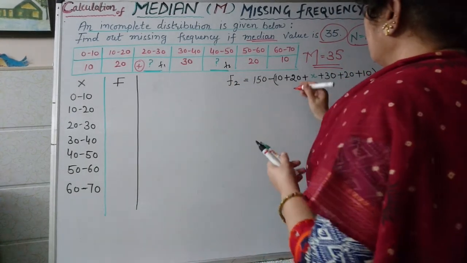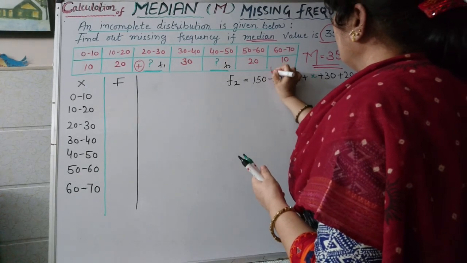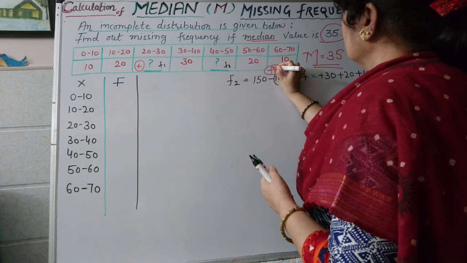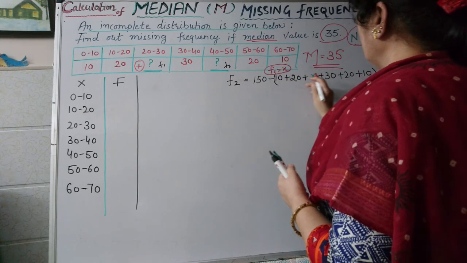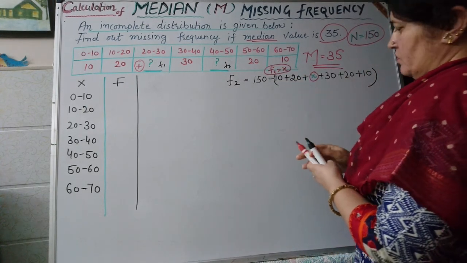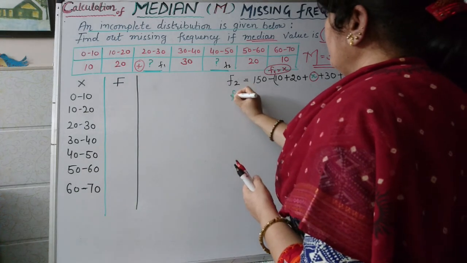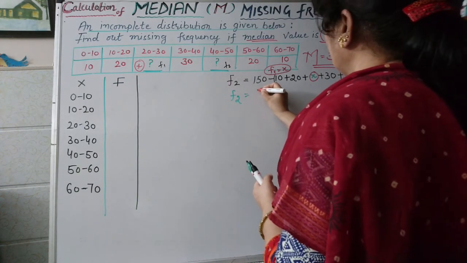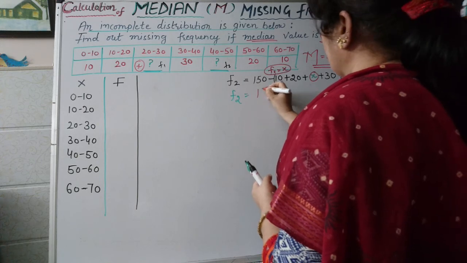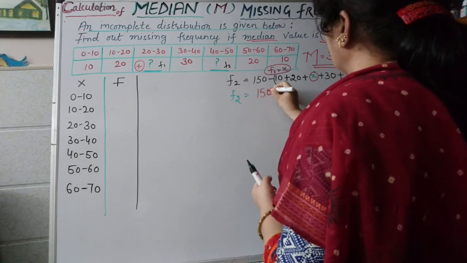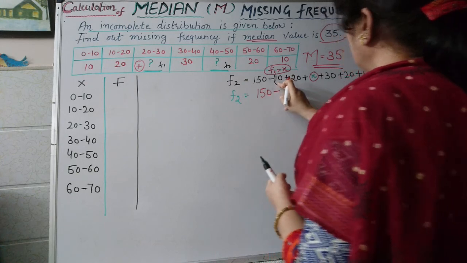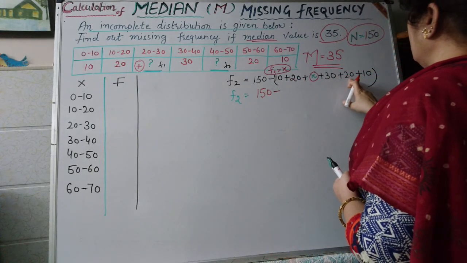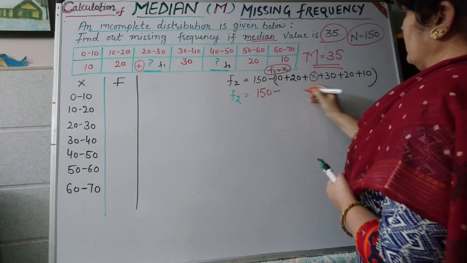And let us assume that F1 is equal to small x, and we have written the value of x here also. So F2 is equal to 150 minus, here 10 plus 20 is 30, plus 30 is 60, 60 plus 20 is 80, plus 10 is 90.